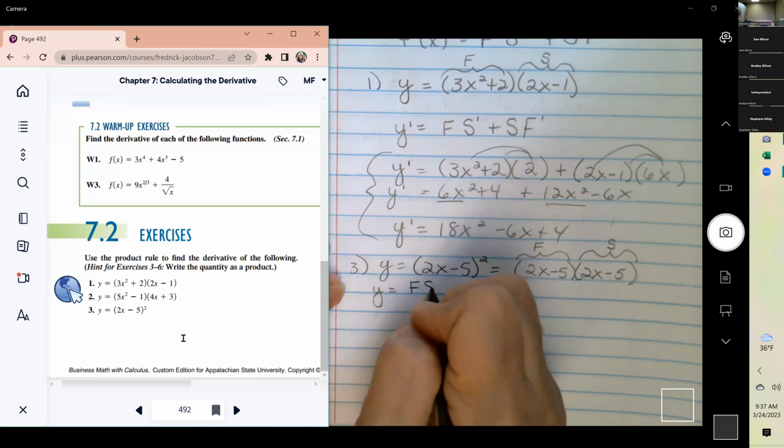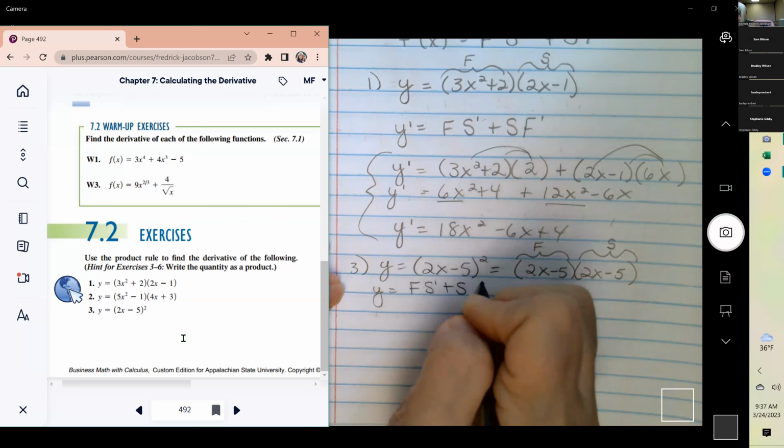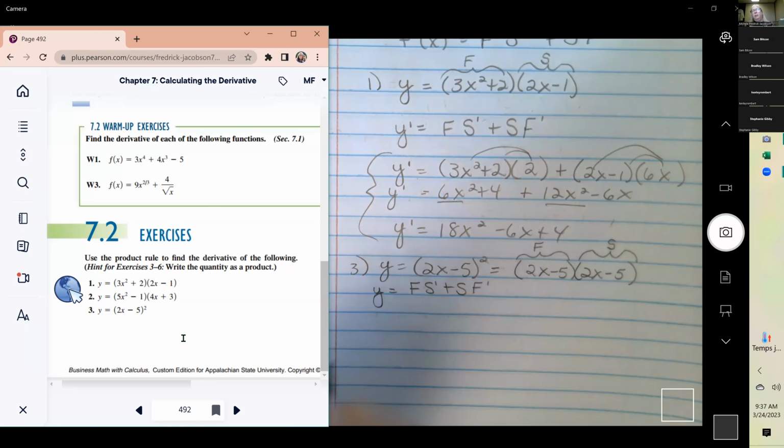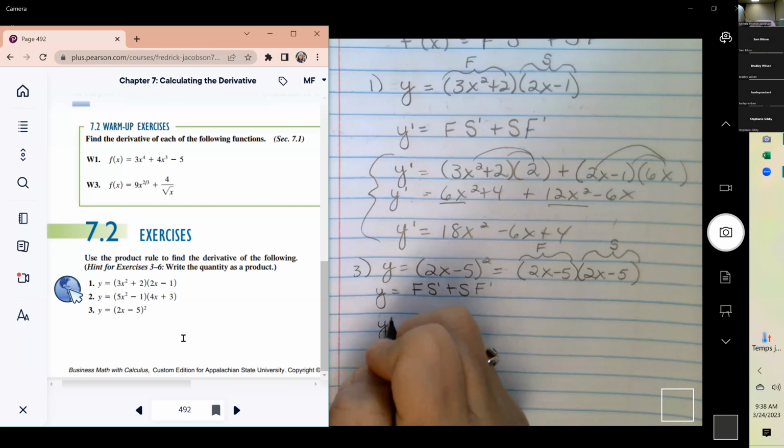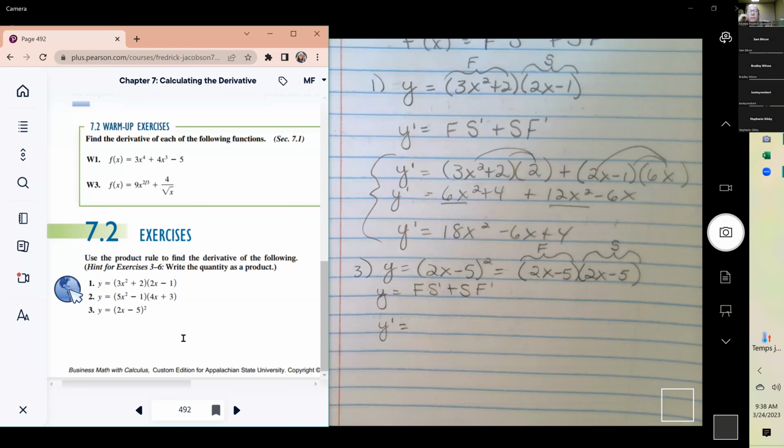First times the derivative of the second plus the second times the derivative of the first. You are allowed a formula sheet, but the more you write it, the more comfortable you'll be with it. Go ahead and take the derivative.